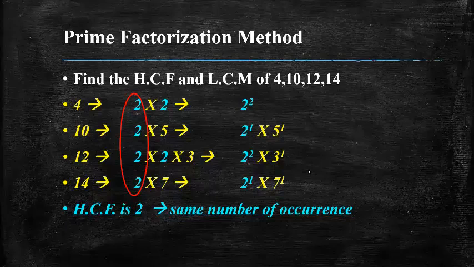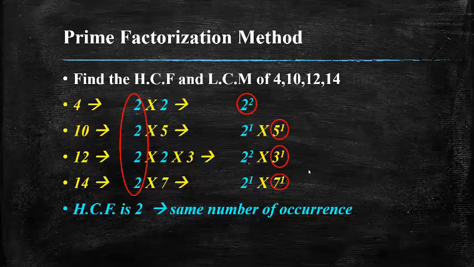And for the LCM, that is the least common multiple, we are going to identify each and every prime factor, its occurrence along with its power. So for example, 2 has occurred with the highest power of 2, and 3 has appeared once with the highest power of 1. 5 has appeared with the highest power of 1, and 7 has appeared with the highest power of 1.